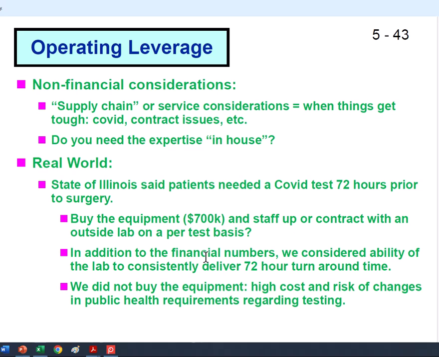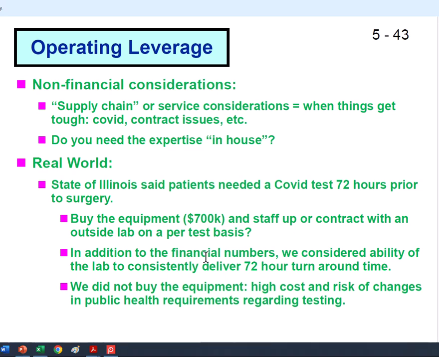So our concern was, can Quest guarantee turnaround? For the most part, we didn't buy our own machine. We didn't have $700,000, but we strongly considered it. We considered going in with a bunch of other surgery centers and different physician groups. We were literally talking to a urology group, where we were orthopedics, about splitting the cost of a machine because we were worried about the turnaround time.